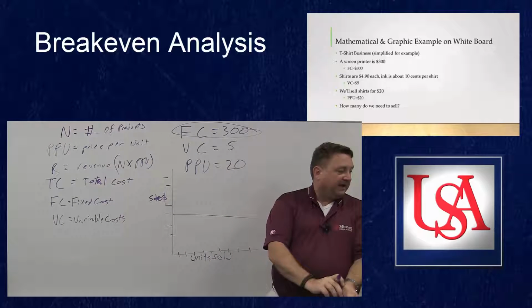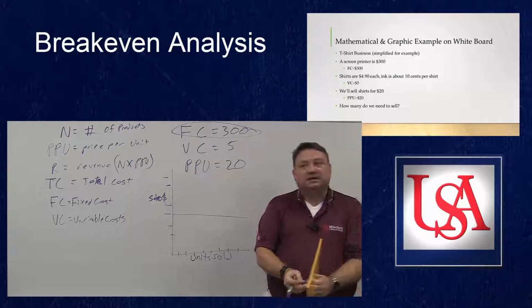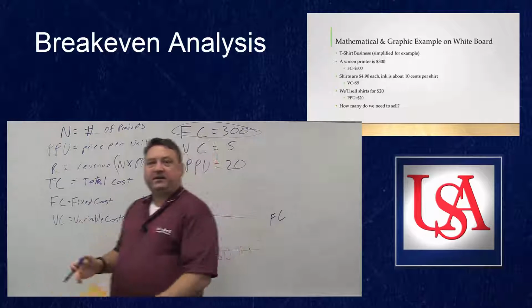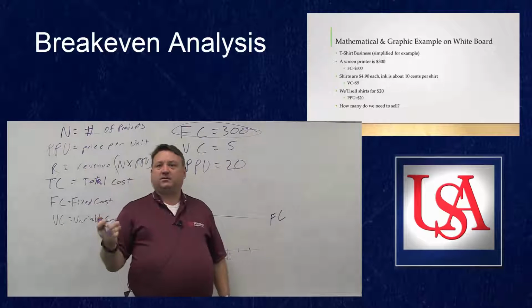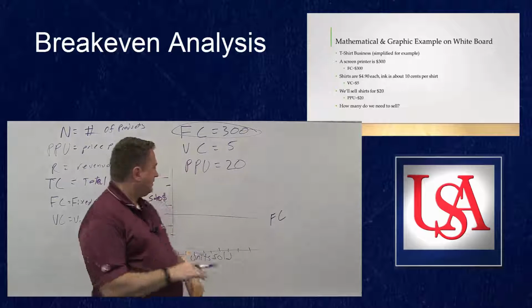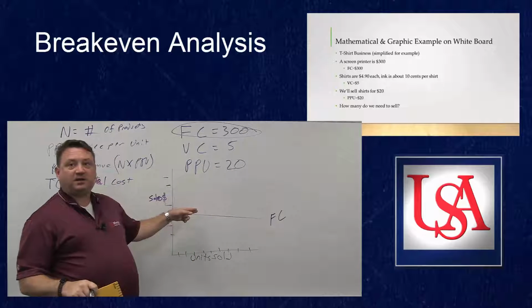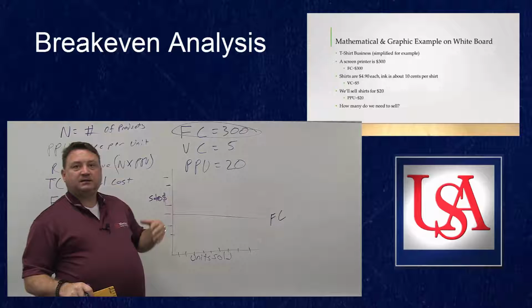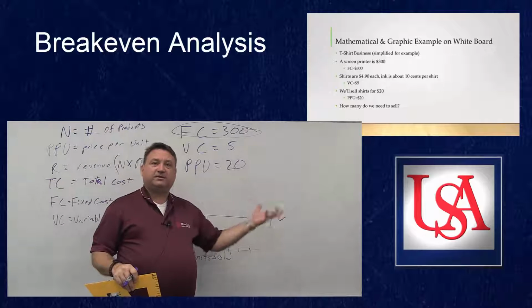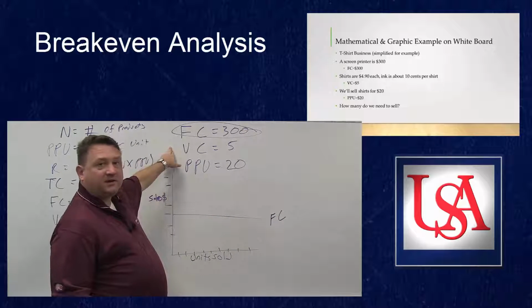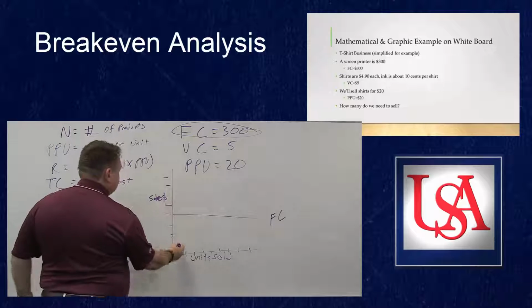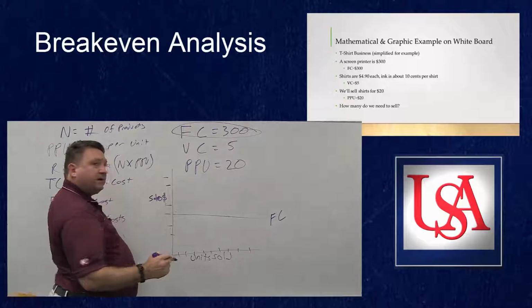Now, after that, we need to figure out what our total costs are. Well, our total costs are this fixed cost plus $5 for every shirt we sell, because our variable cost is $5. So the first shirt is going to be $5 higher than 300.